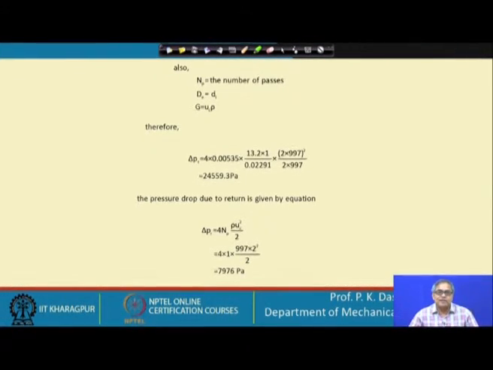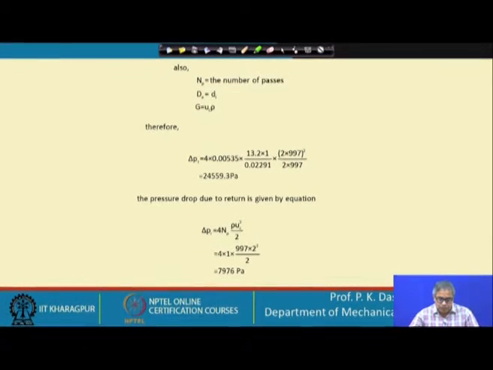The number of passes is important because if the length of the tube is L and there are 2 passes, then the total length of the tube which the fluid has to pass through will be 2L. So, in this case it is 1. Diameter we have got, and G is related to the mass flow rate. So, mass flow rate we have got and therefore we have got the pressure drop through the tube.